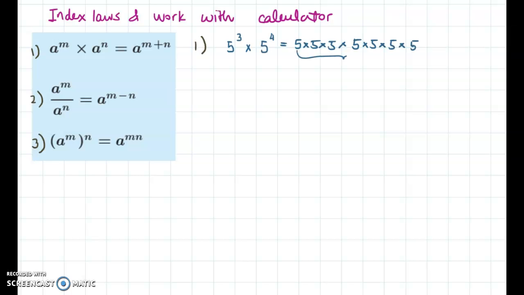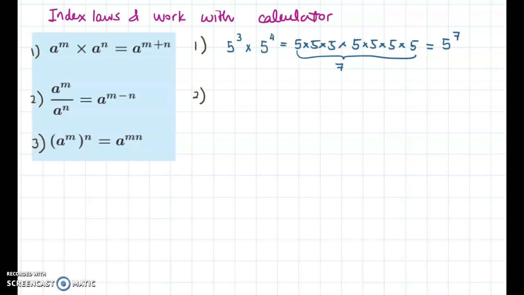So that means in total we are multiplying 7 copies of the number 5. So we can write that this is 5 to the power of 7. Property 1 is saying that if we have a to the power of m and we multiply it by a to the power of n, we need to take a to the power of m plus n, as we did over here, with the power 7 being 3 plus 4.